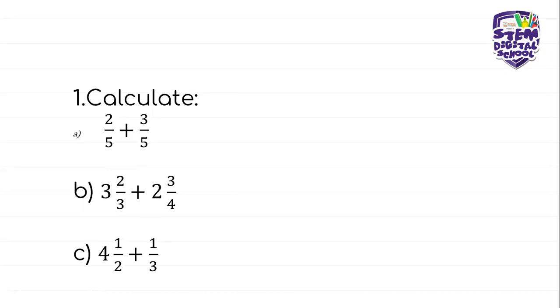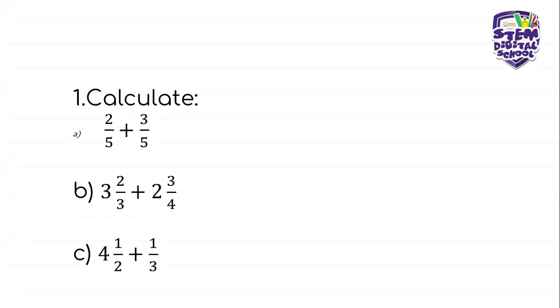So you'll have 11 over 3. That is your improper fraction. So the second one here, you'll multiply 4 by 2 to get 8. And 8 plus 3 is 11. So you'll have 11 over 4. So remember that you now have two fractions, 11 over 3 and 11 over 4.